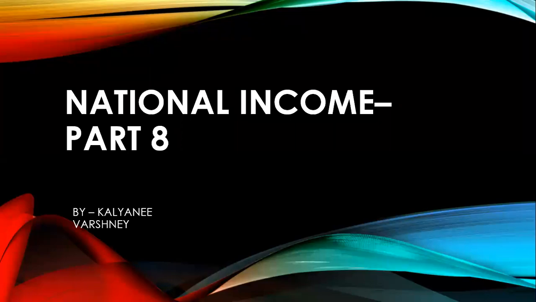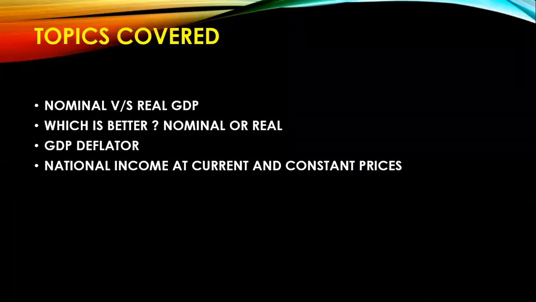Hello everyone, in this video we'll study a few topics like nominal and real GDP. Out of these two, which is better, GDP deflator, and national income at current and constant prices. Now we have already studied the term GDP, which stands for gross domestic product, and the technical definition is when you add the prices of all the goods and services being produced within your domestic territory.